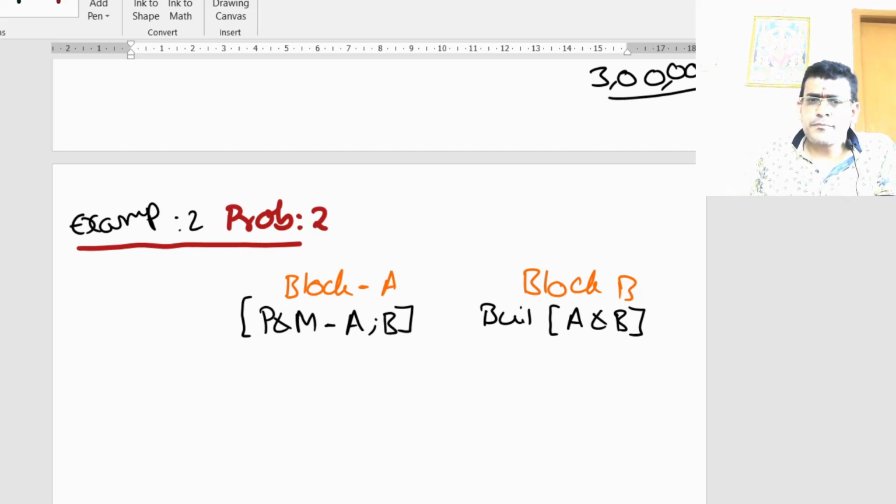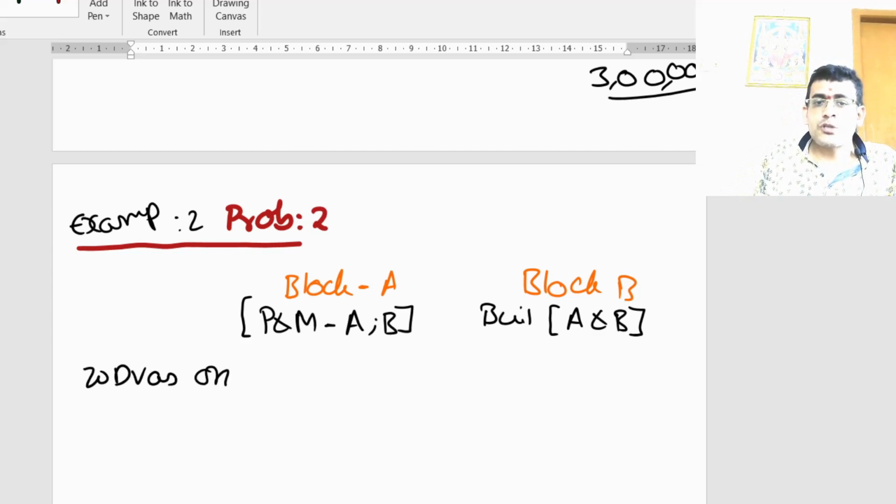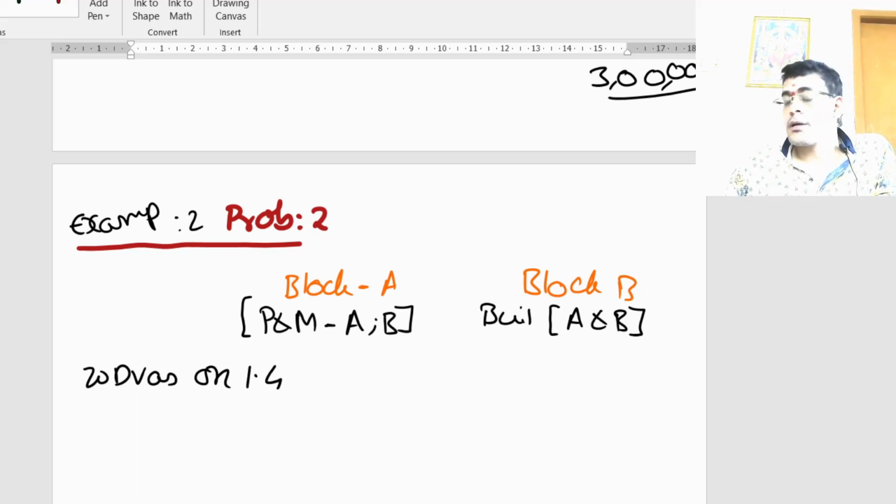Now let us consider the WDV of the block as on 1st April 2019. If you follow the previous year 2019-20, or you assume it as 2020 if you follow the financial year 2021.